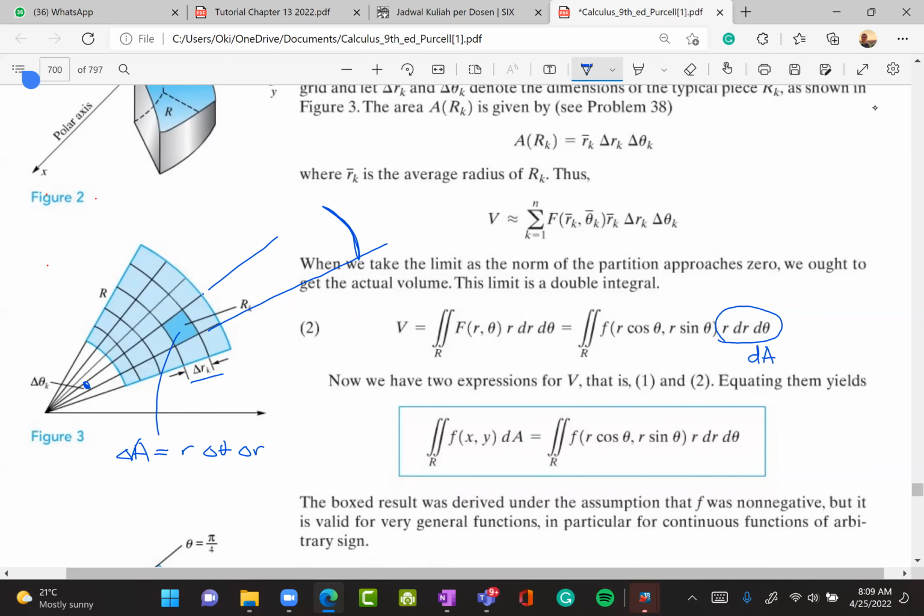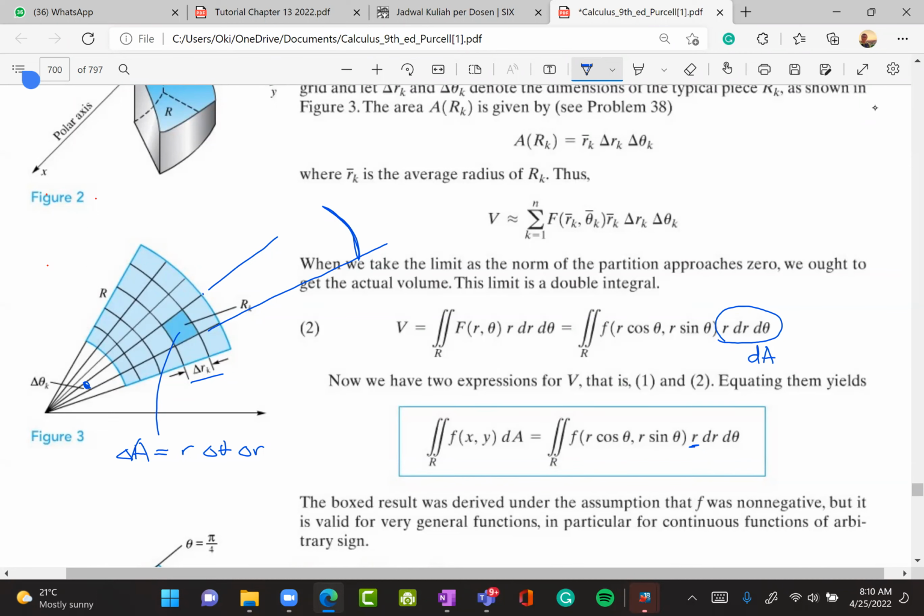If you have a double integral in Cartesian coordinates, the integrand is f of x and y. When you convert to polar, you substitute x by r cosine theta, y by r sine theta, and dA is replaced by not just dr d theta, but here you have an extra r.